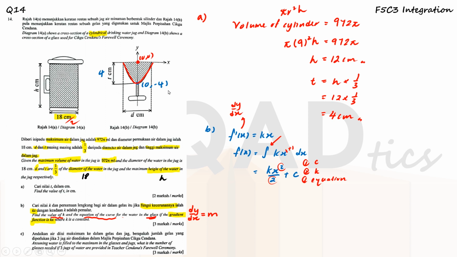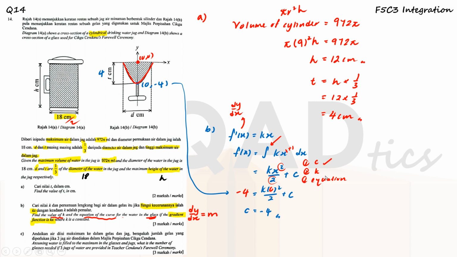Correct? So we can use this point to help us find one of the unknowns. If I sub 0 into x and negative 4 into f of x, or y, we will get c equals minus 4. So this is the first thing that we have calculated.